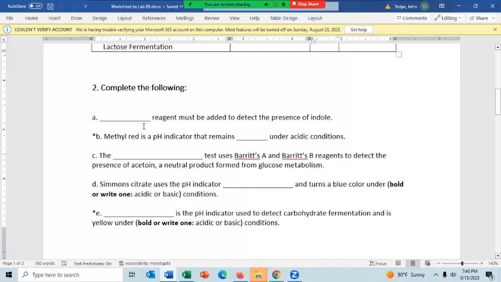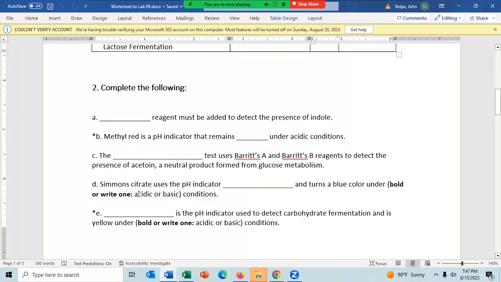2A, what reagent must be added to detect the presence of indole? So name the reagent. 2B, methyl red is a pH indicator that remains what color under acidic conditions? C, the what test uses Barritt's solution A and Barritt's solution B reagents to detect the presence of acetoin, a neutral product formed from glucose metabolism.